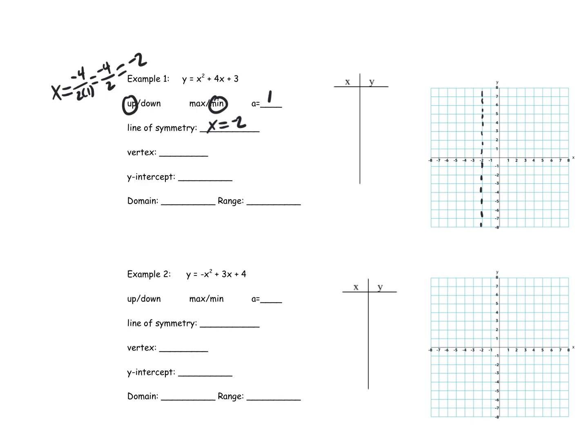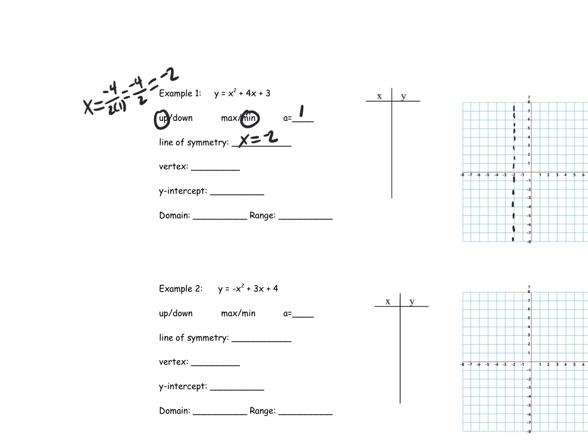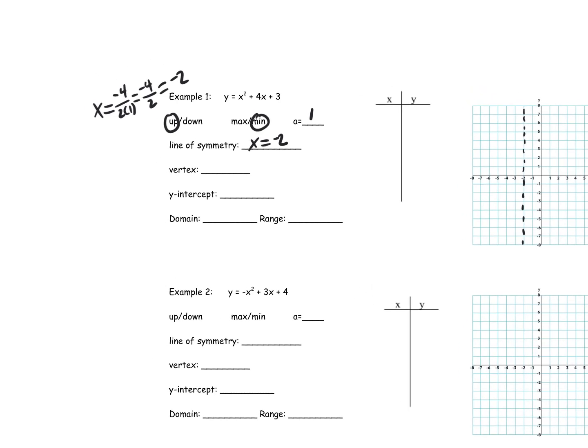All right, then we're going to take that negative 2 and plug that into our equation. Negative 2 squared plus 4 times negative 2 plus 3. When I say plug it in, I'm just substituting that x value into our equation for every x.